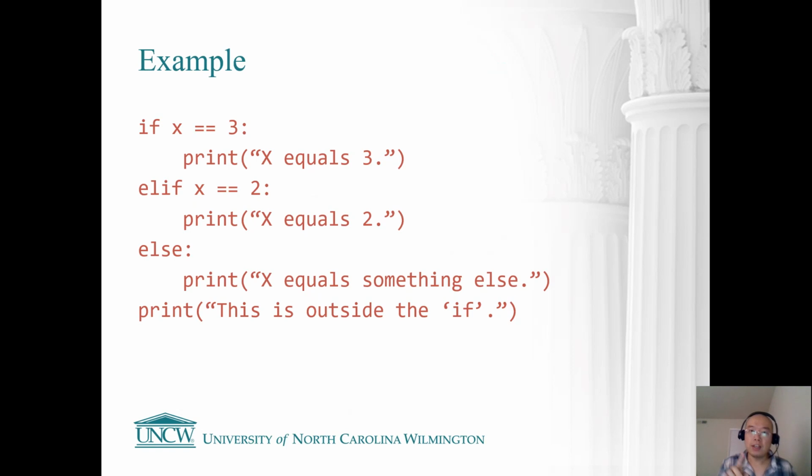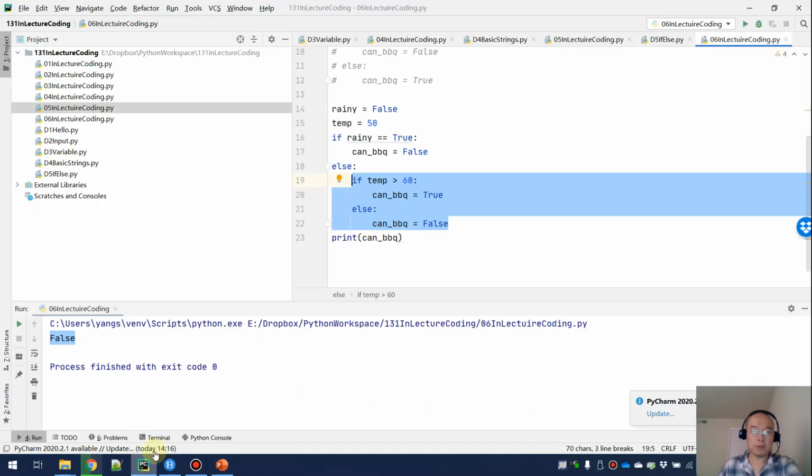And after that, we skip the entire if, elif, and else branch. So we are going to go here. For the last line of code, we print this is outside the if, which means the last line of the code will be executed anyhow, no matter which path we are going to take.